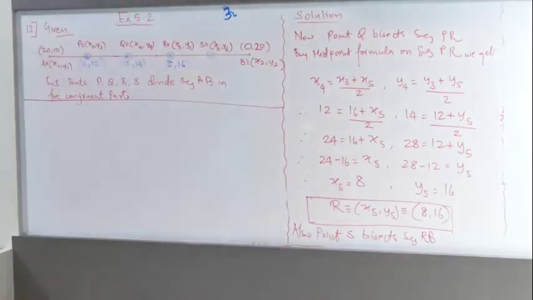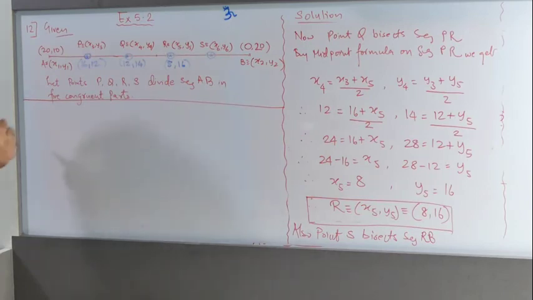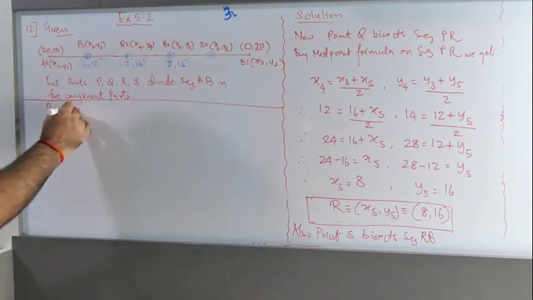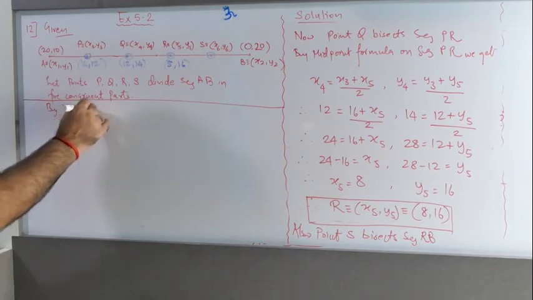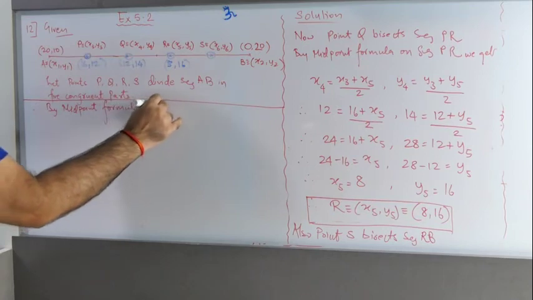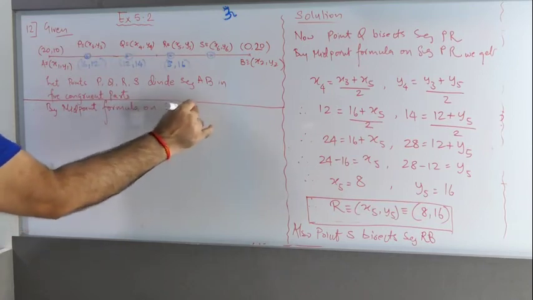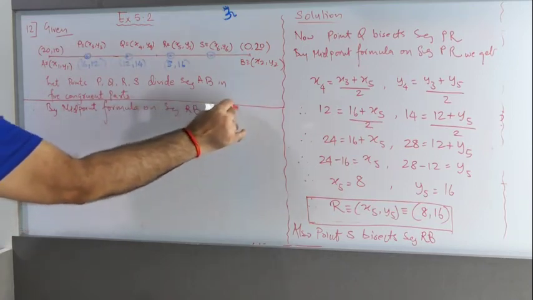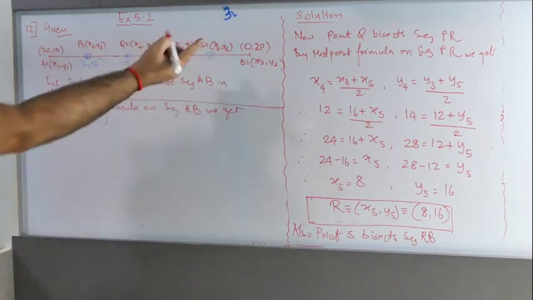We can see that S bisects segment RB. Therefore, by the midpoint formula on segment RB, what do we get? Let's apply.